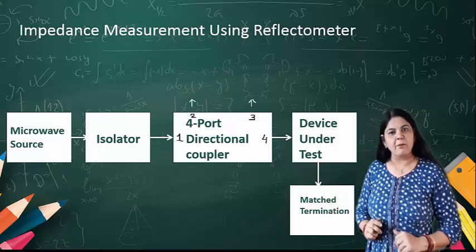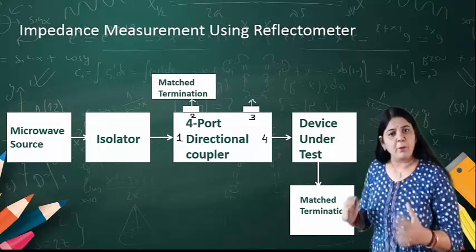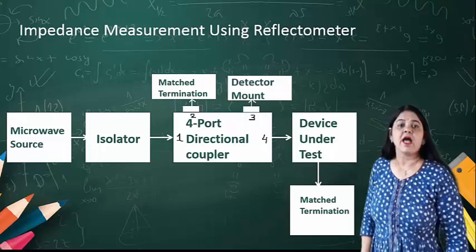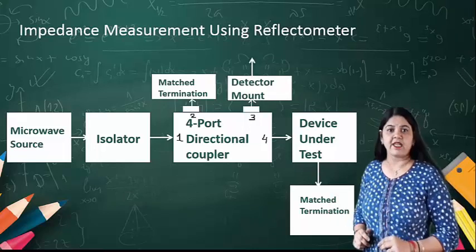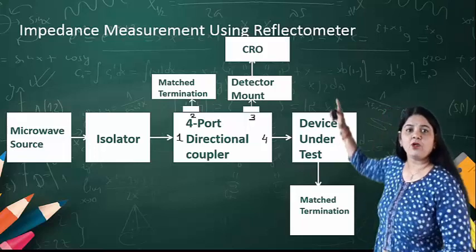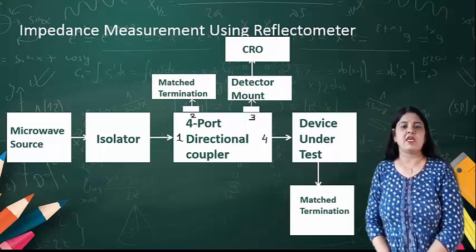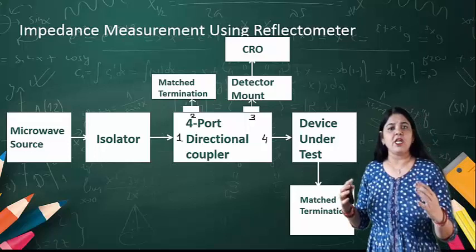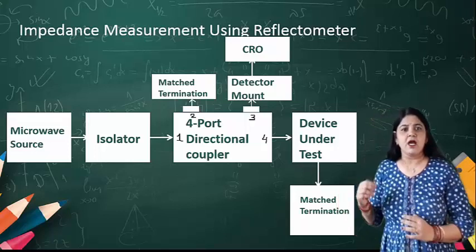Now port number 2 and port number 3. On port number 2 the match termination is connected, and on port number 3 the detector mount is connected, and the detector mount output we are going to measure using the CRO. So what happens when port number 2 is connected with the match termination?